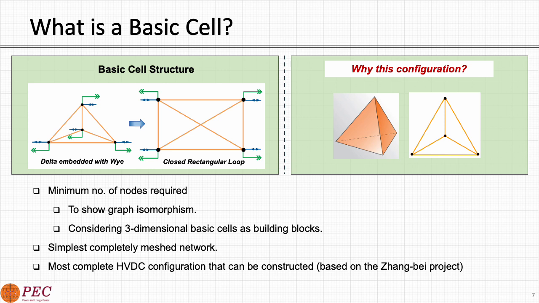It is also the simplest completely meshed network. And furthermore, it's the most complete HVDC configuration that can be constructed, which is based on the Zhangwei project with some added complexity. It is also realistically in a power system network that most buses could be connected to a maximum of 3 other buses or nodes.